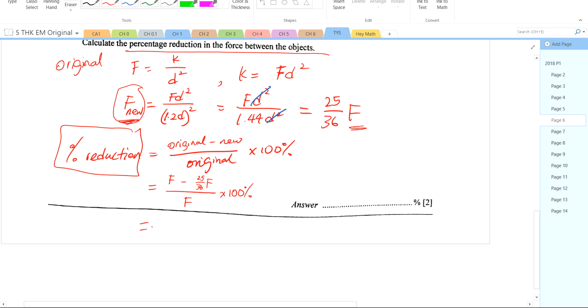So 1 minus 25 over 36 is 11 over 36. F divided by F times 100%. Alright? Then the F and F can cancel, leaving me with 1100 over 36%.